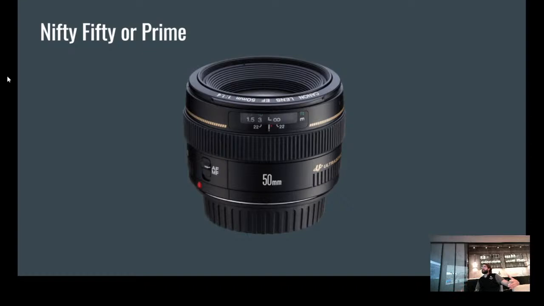And you can get these lenses now all the way down to 1.2. So you can get the best background blur, the best detail you've ever seen out of a lens with a nifty 50, in my opinion. I also like the nifty 50 because it's a good everyday or all-purpose lens.